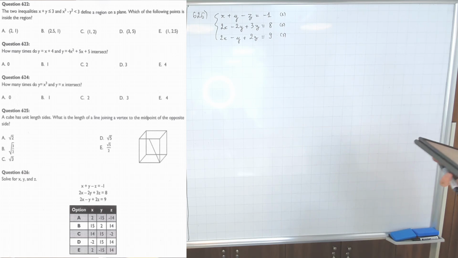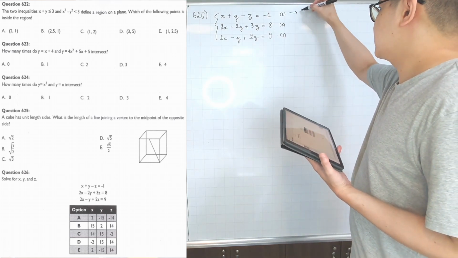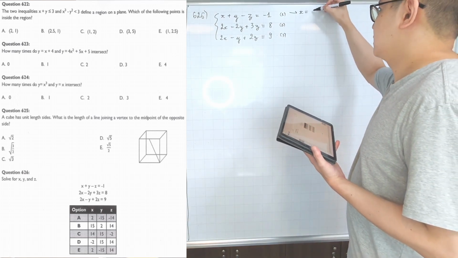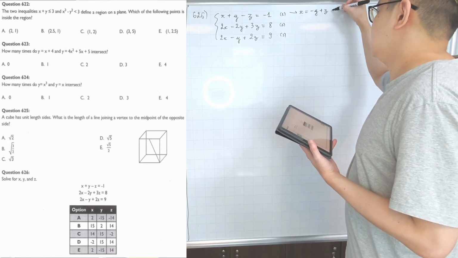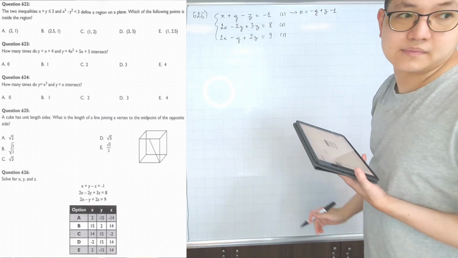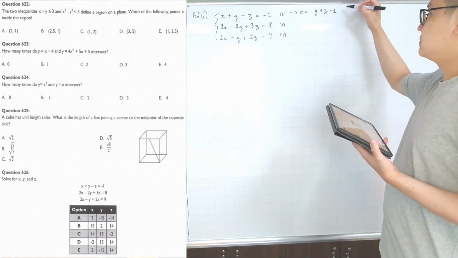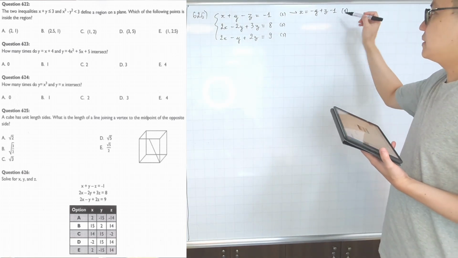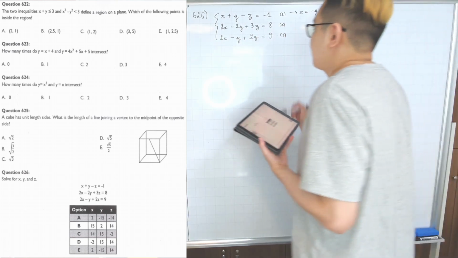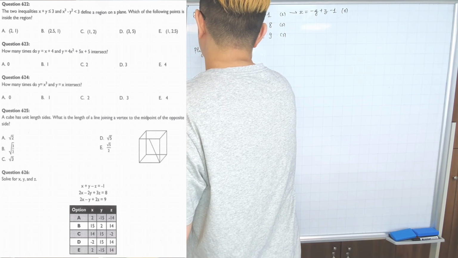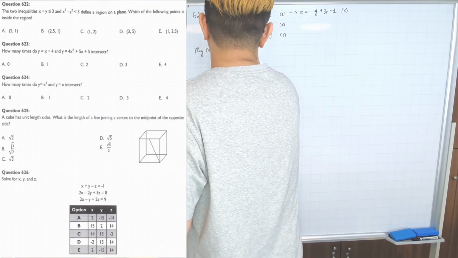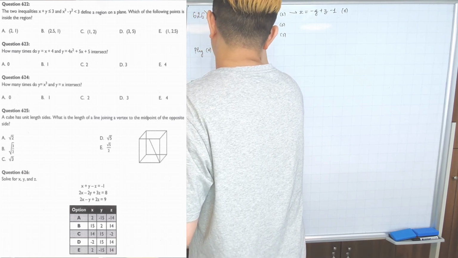Yeah. So from number 1, you can just say that x equal to minus y plus z minus 1, isn't it? And then this is number 4, and then you plug this one into these two. Plug 4 into 2 and 3.